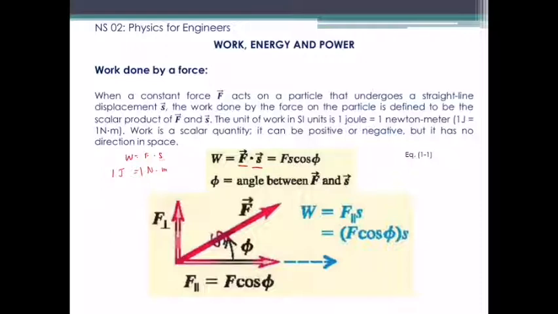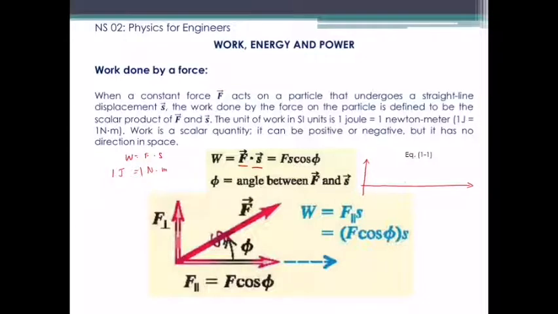Now what we have here is F s cosine phi. Now what we want is the force, but say for example, our force is directed at an angle, because what we're going to get is the component of the force that is parallel to the direction of your displacement. Say for example, this is your x and then this is your y.